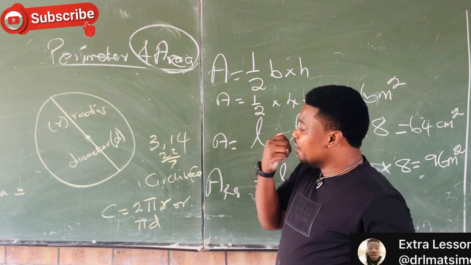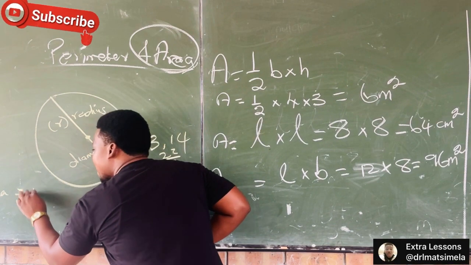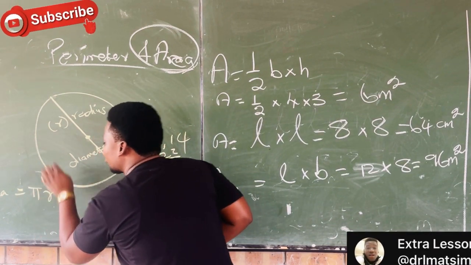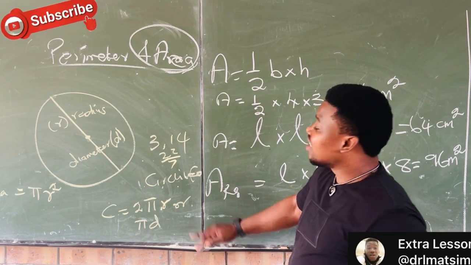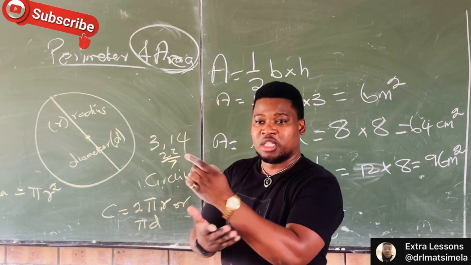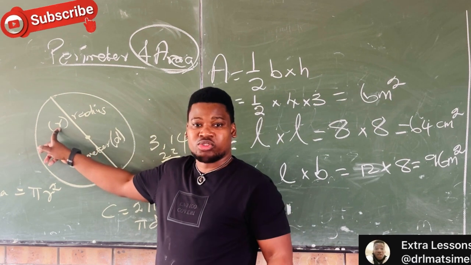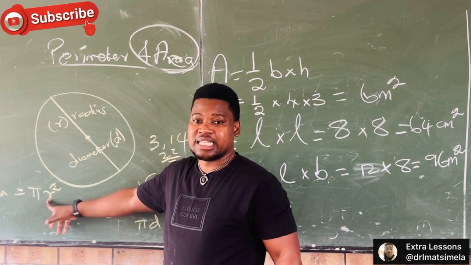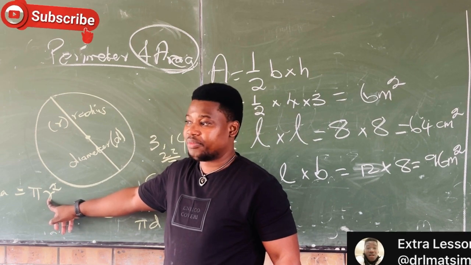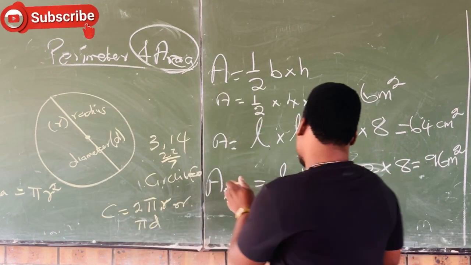The area of a circle is equal to pi r squared. Are we clear? Yes. So if you are given the diameter, you divide it by 2, and it will give you the radius, which is r. Then on the area formula, you put in just the radius of the circle. Are we clear? Yes. Good. Done.